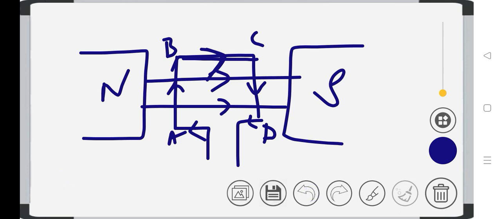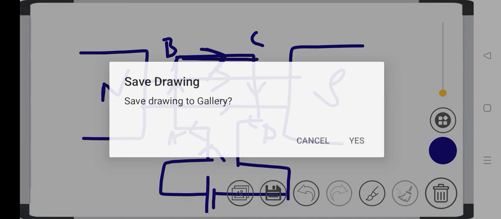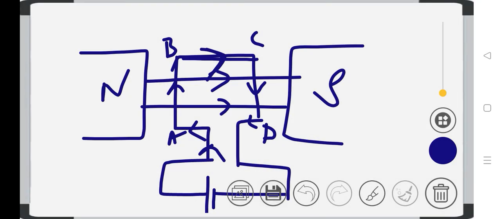When we place a loop between two magnetic poles and pass current through it, that conductor will experience a torque. That torque we have to find.